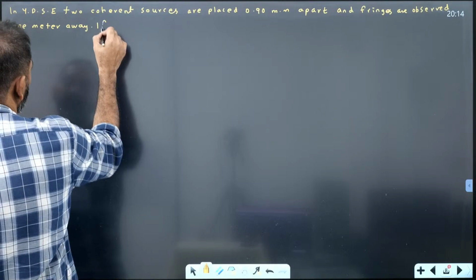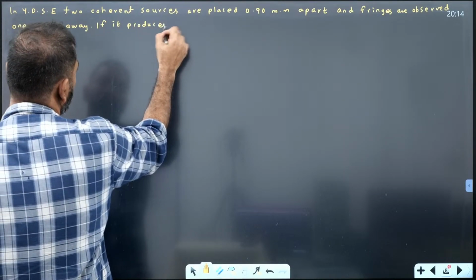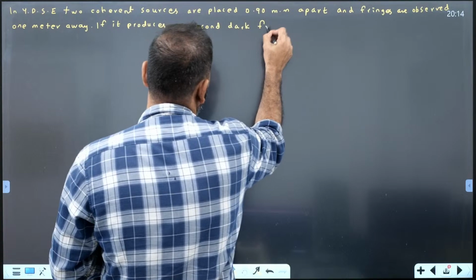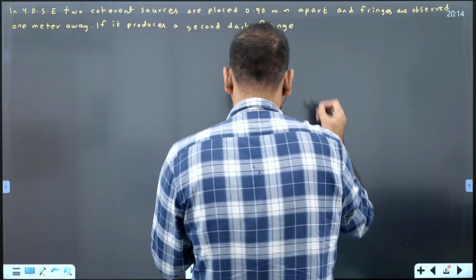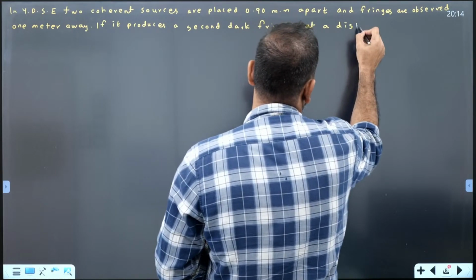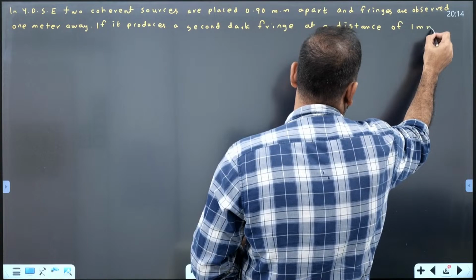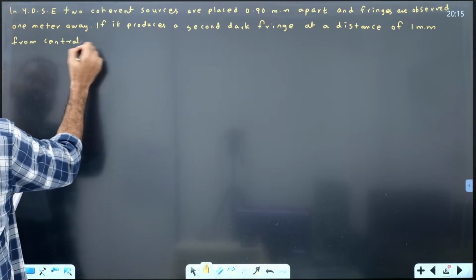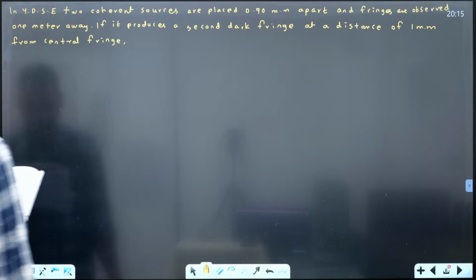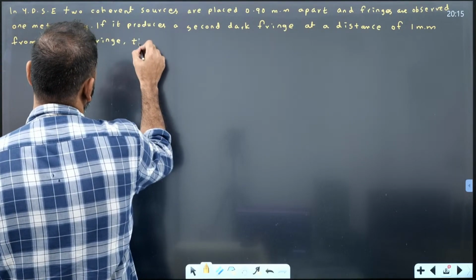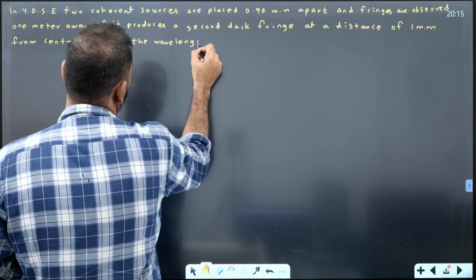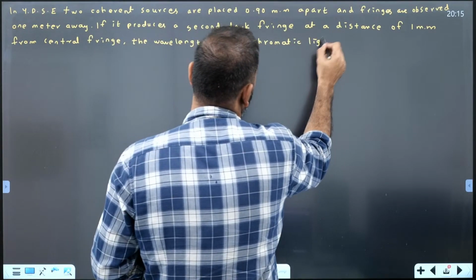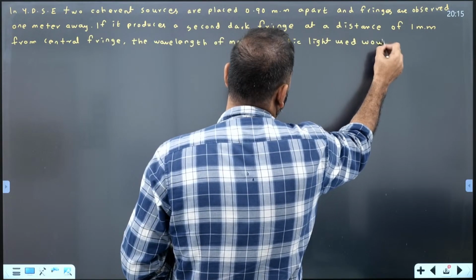If it produces a second dark fringe at a distance of 1 millimeter from central fringe, the wavelength of monochromatic light used would be dash.